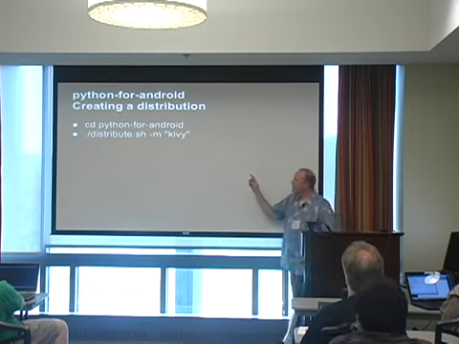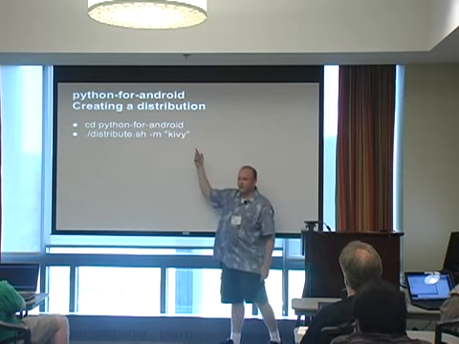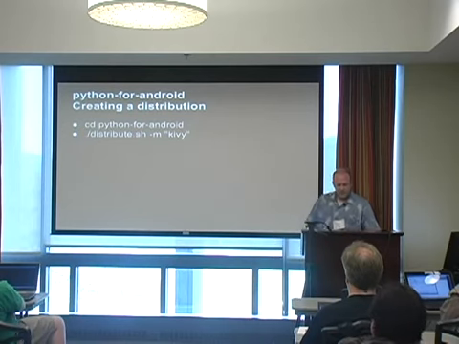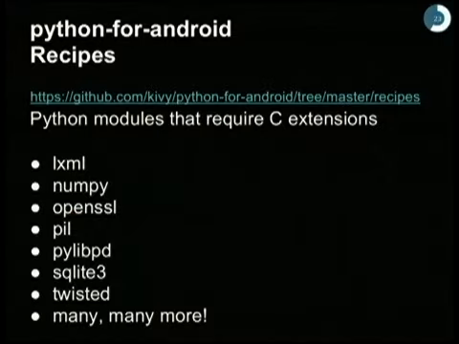Now in this case, all I'm doing is including Kivy in there, which includes Pygame also by default. But any other pure Python modules that you have in your code will work fine. You don't have to do anything special with those. What you do have to worry about is modules with C extensions, because those have to be recompiled for Android. So they use what are called recipes for those kinds of modules.